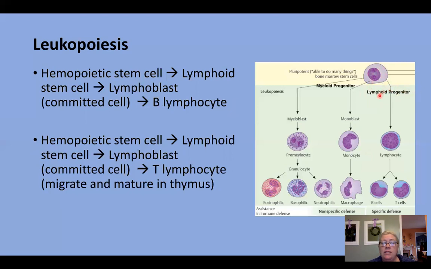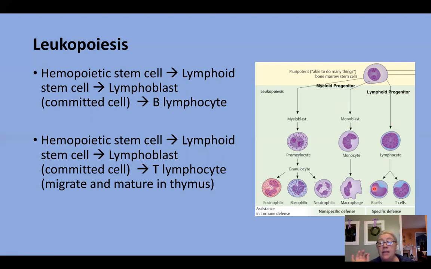That lymphoid stem cell, for the case of the B lymphocyte, is going to become the lymphoblast, and I don't have it written here, I should. The lymphoblast is going to be the committed cell, and then that lymphoblast is going to become a B lymphocyte, which is also referred to as a B cell.